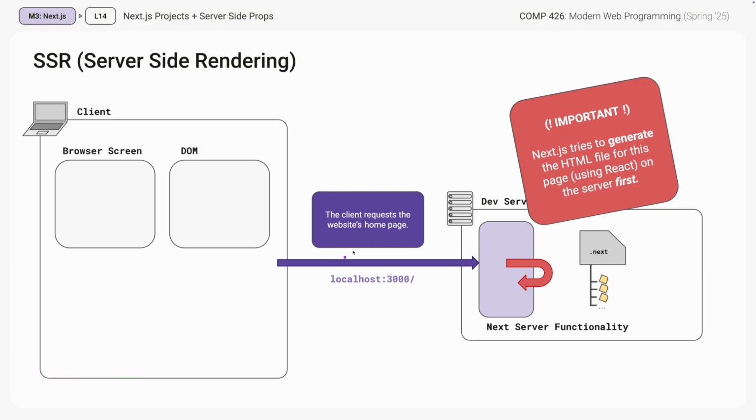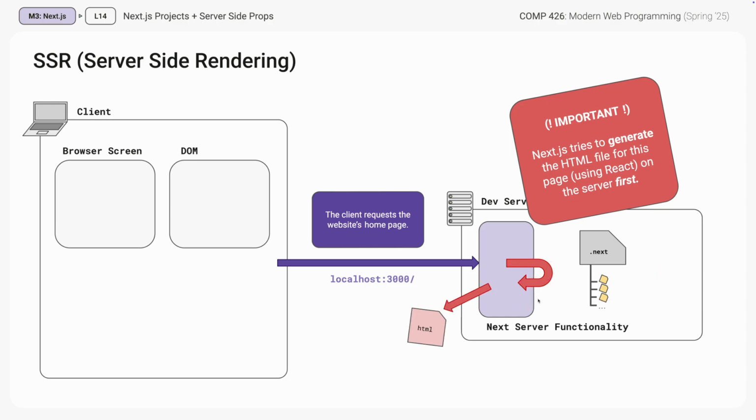So here, instead of trying to render my component on the client, the server is going to try and render the component first. So this server can run React code. And so if I defined, for example, an app component somewhere in my project, it's going to try and render it into the page right here.